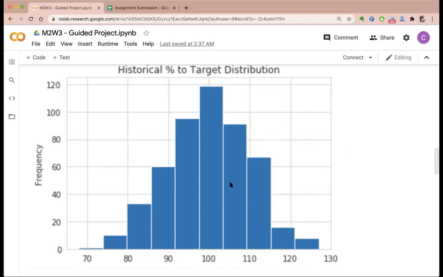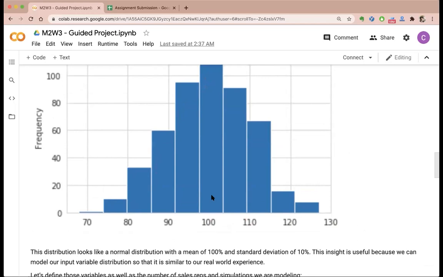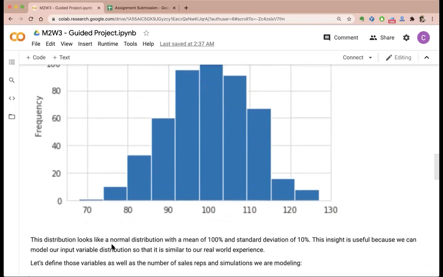So it's 10, right? This distribution looks like a normal distribution with a mean of 100% and a standard deviation of 10%.